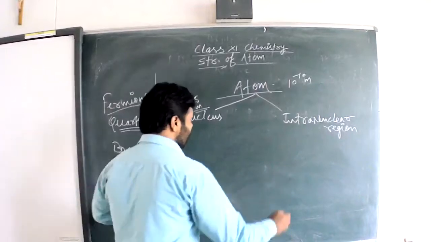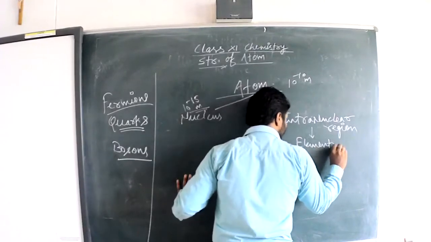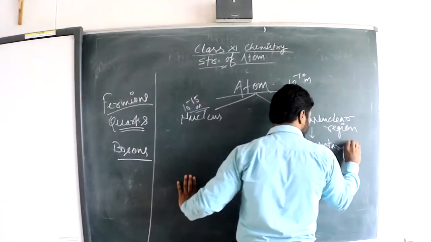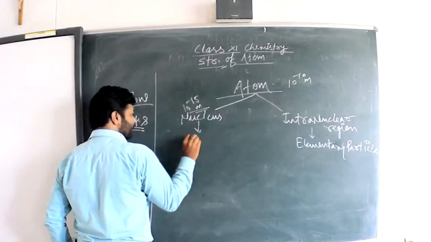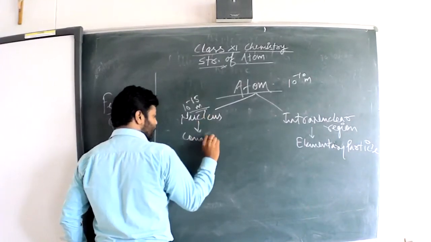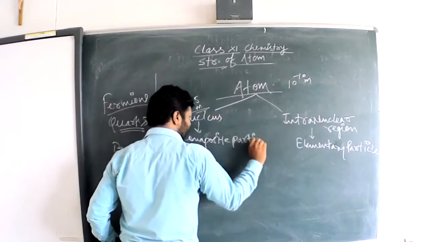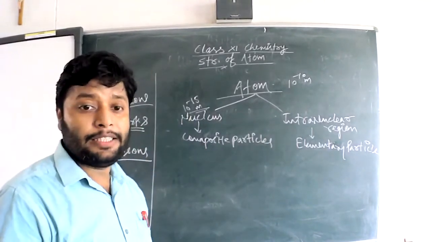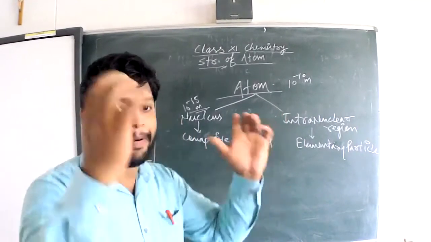In the intranuclear region there are elementary particles, and in the nucleus there are composite particles.